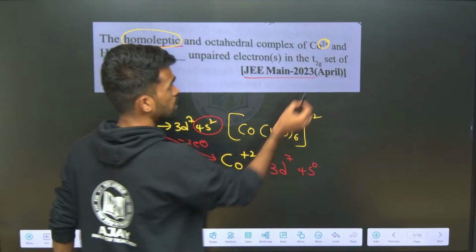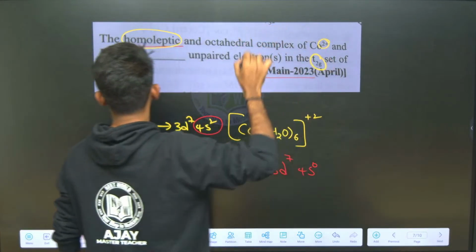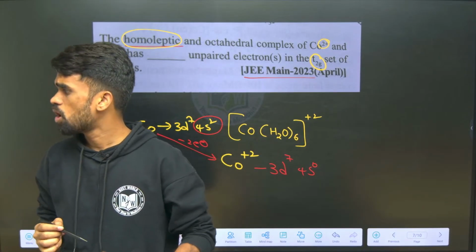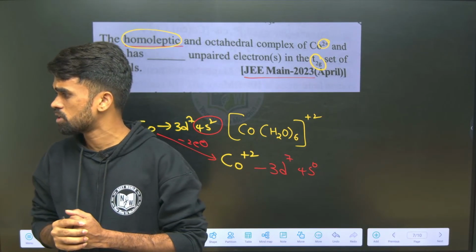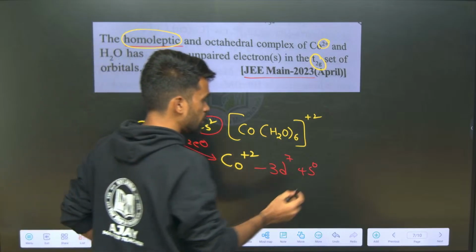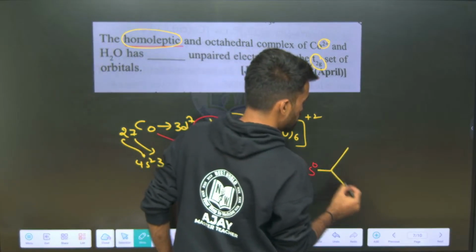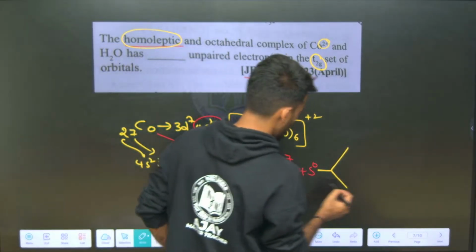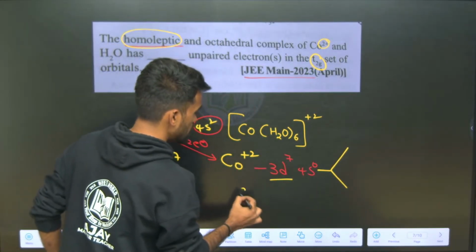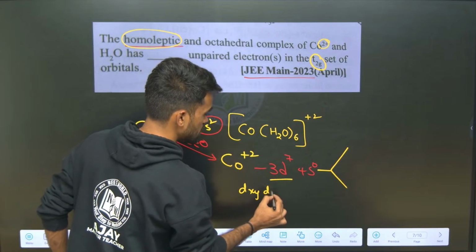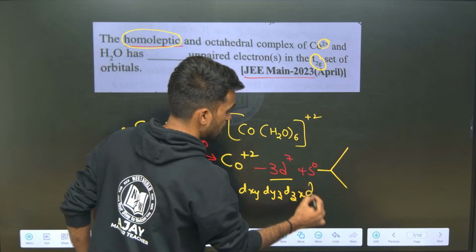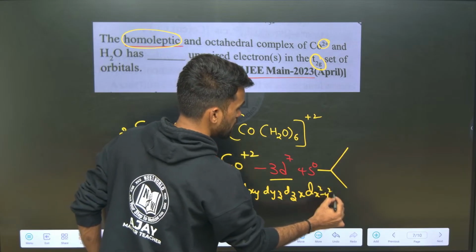Now they are asking for the t2g set orbital electrons. How do you find the t2g set electrons? Again, you need to know about CFT, crystal field theory. In the d orbitals we have dxy, dyz, dzx, dx square minus y square and dz square.